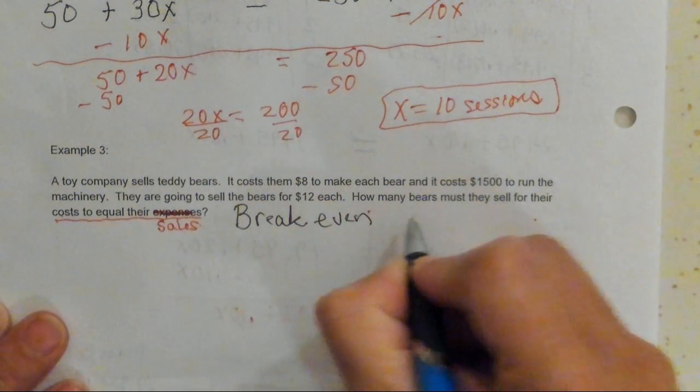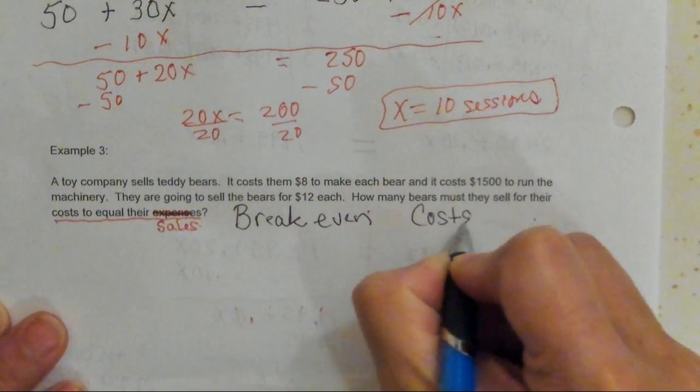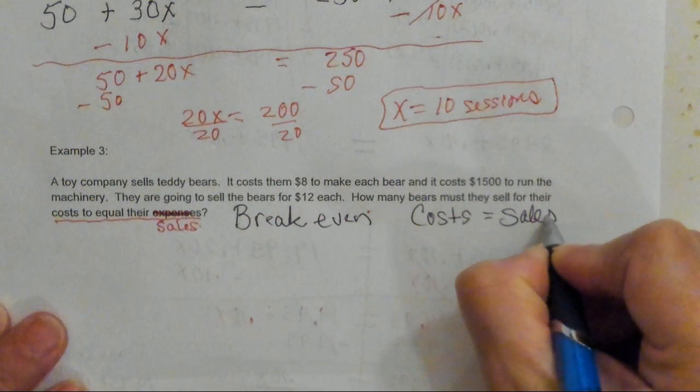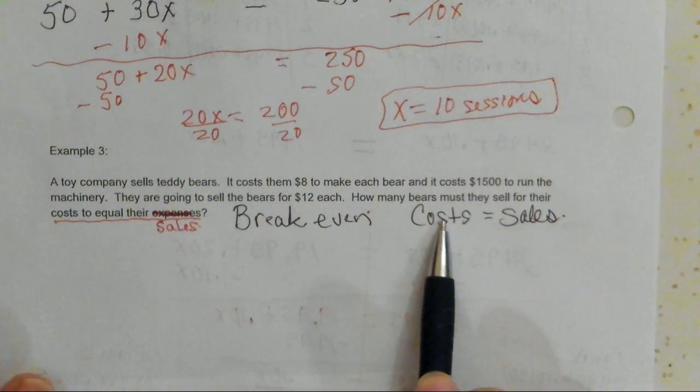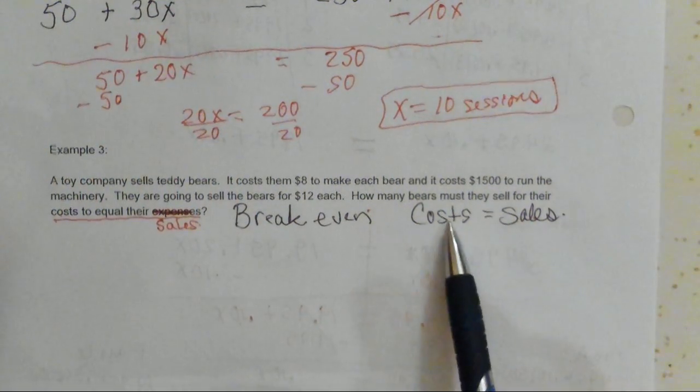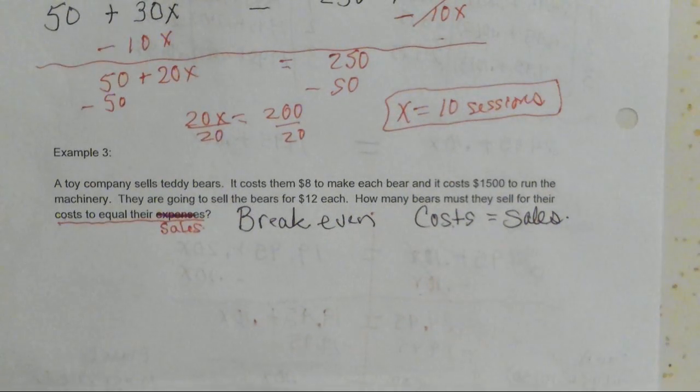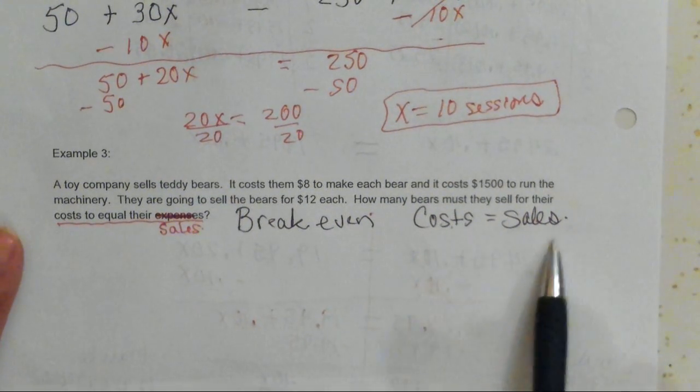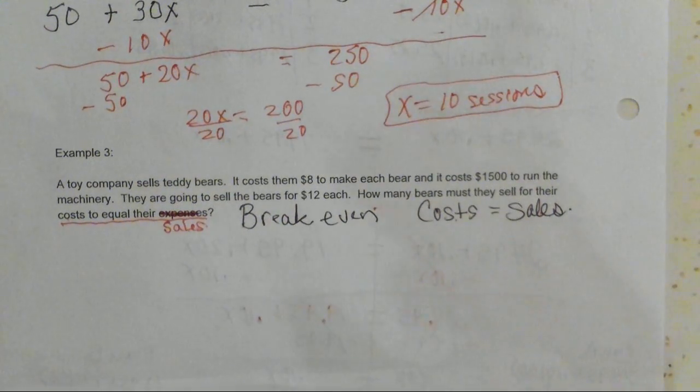And that occurs when costs are equal to sales. So when the money going out is your cost equals the money coming in, your sales, what that means is you have zero balance. You aren't in the hole, you aren't losing money, but you also haven't earned any money. You've made enough money to pay your bills, basically.